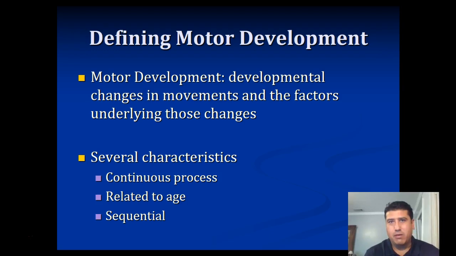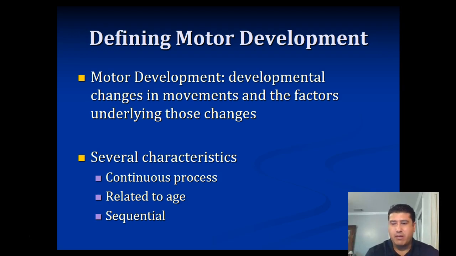We just don't come out into this world and just start walking. There are certain processes that have to occur, and a lot of that has to do with milestones and benchmarks. And we'll start to study and examine those and start to understand some of the normal processes and some of the deficiencies. Okay, it's a continuous process. It is age-related in the sense that these milestones should be reached within a time range.